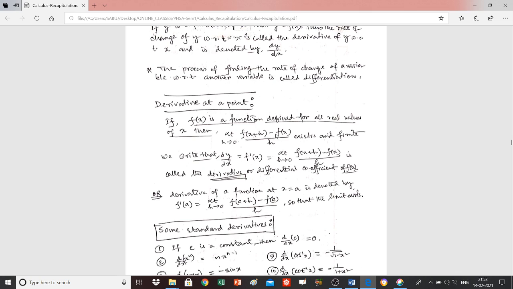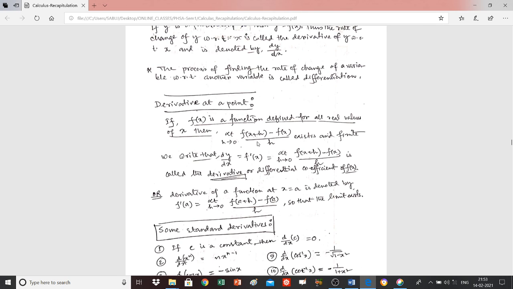This term is actually the differentiation of y with respect to x, and it is called the derivative or the differential coefficient of f(x). So to calculate the derivative of a function, we can first find the value of f(x plus h), and then calculate this limit, limit h tends to 0 of f(x plus h) minus f(x) by h.